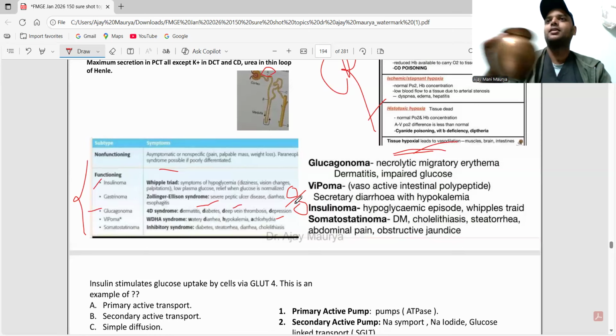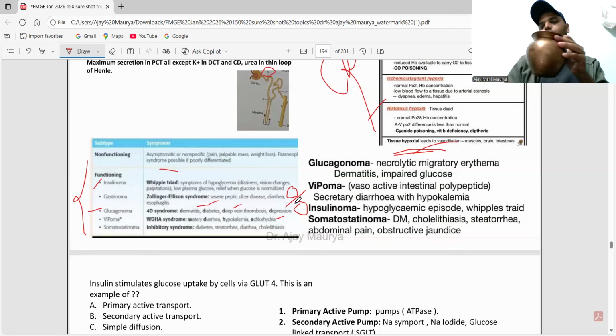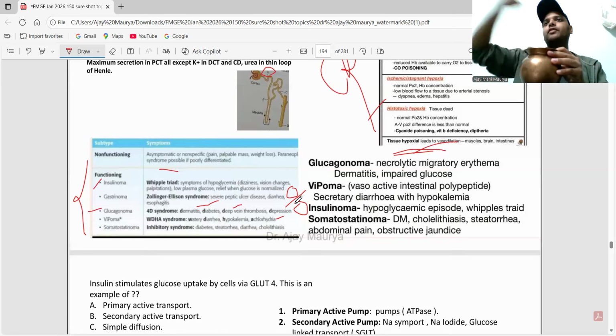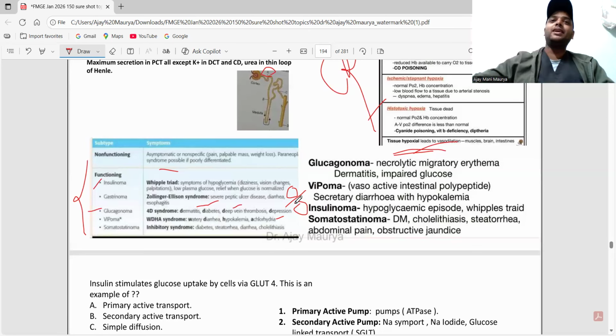If you put a flame here, the water will evaporate. Meaning, the gas is the secondary severe peptic ulcer. The downward part is the diarrhea. So this is the case of Zollinger-Ellison syndrome associated with gastrinoma.